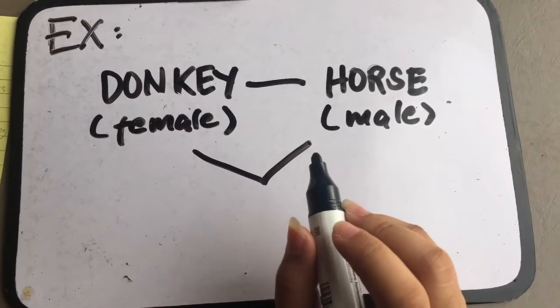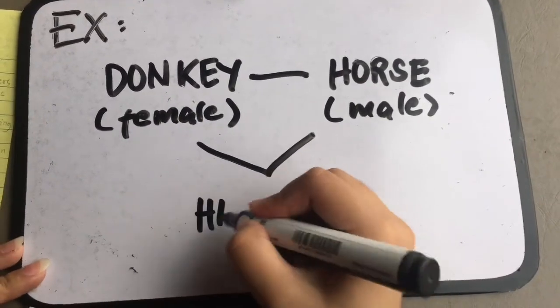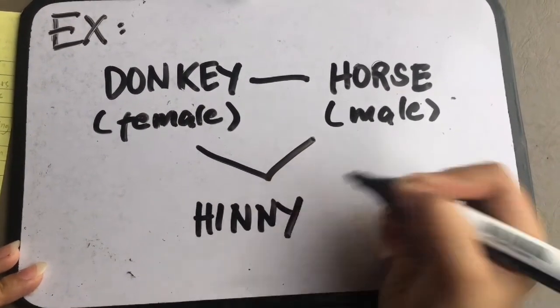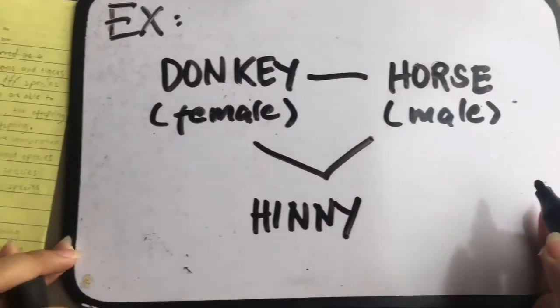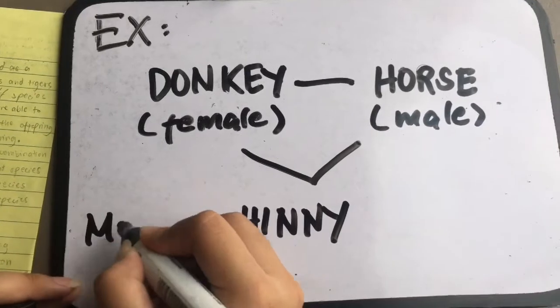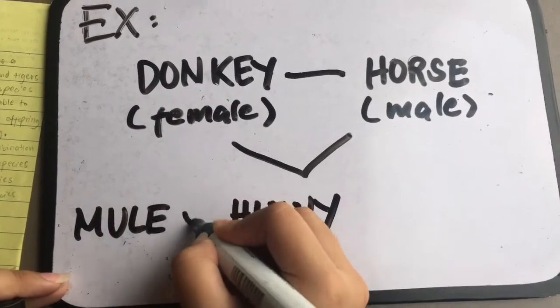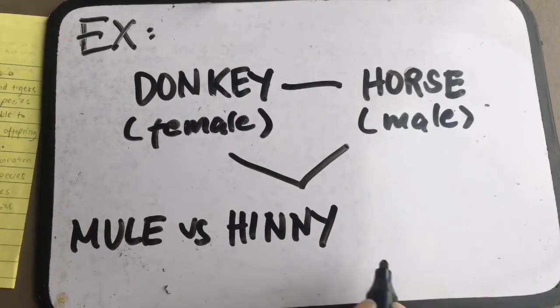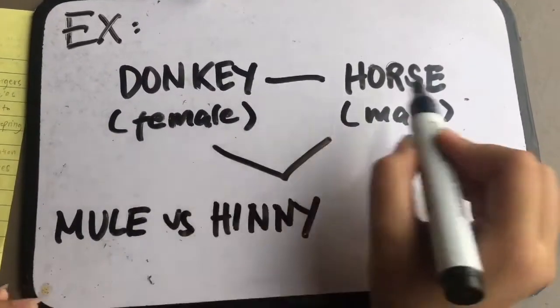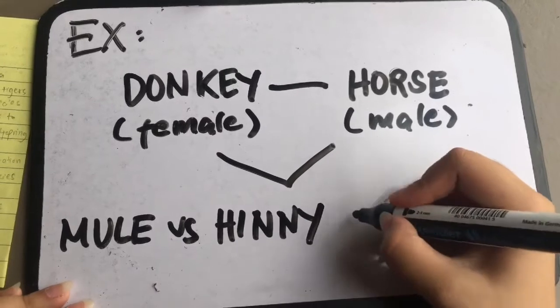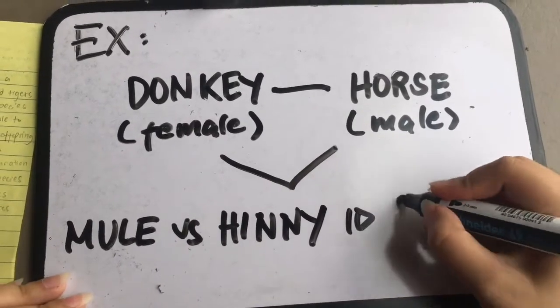Instead of a mule, it is called a hinny, which is a half horse and a half donkey. So, a hinny and a mule are very different from each other. They're very different, but they have the same parents, the same species of parents. So both of them are also called a hybrid.